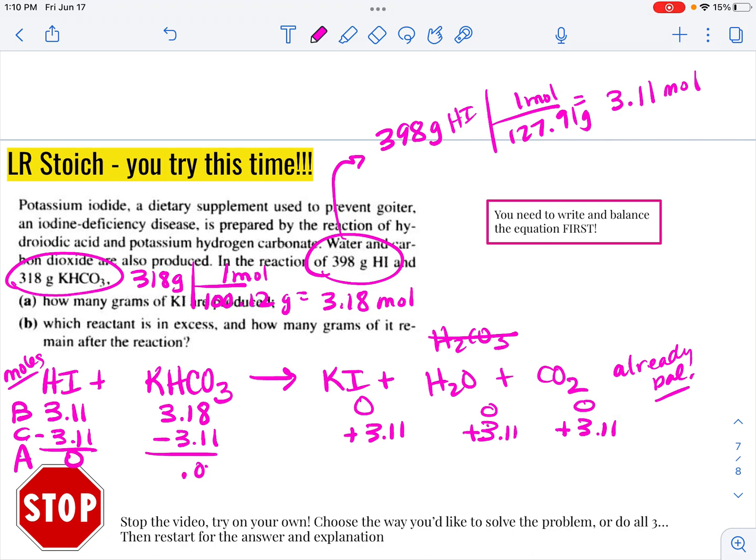So now there's no HI left. There's 0.07 moles of KHCO3 left. And there's 3.11 moles of KI formed, which is the other part of the question that they asked me.